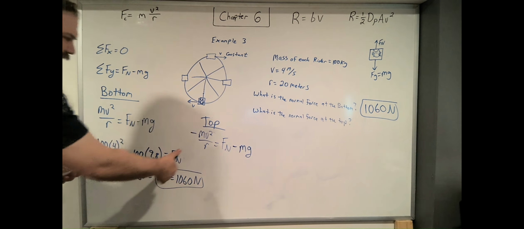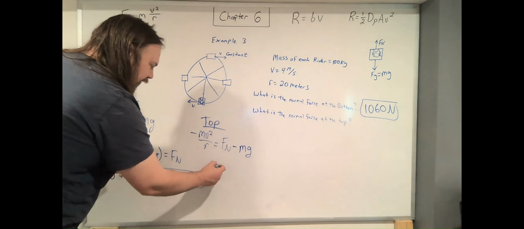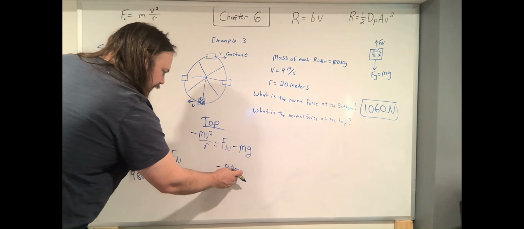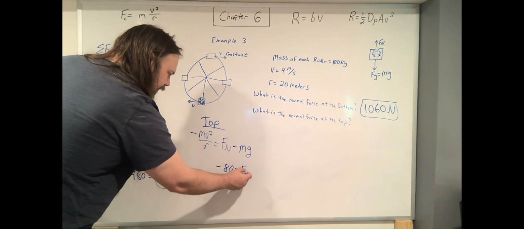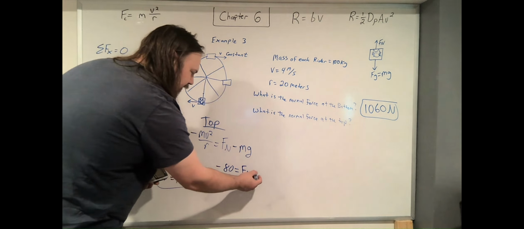Okay, now we've already done these calculations. mv squared over r is 80, but now it's minus. So we're going to end up with a negative 80 is equal to Fn, and then mg is still 980.